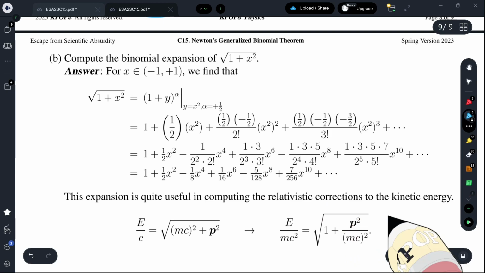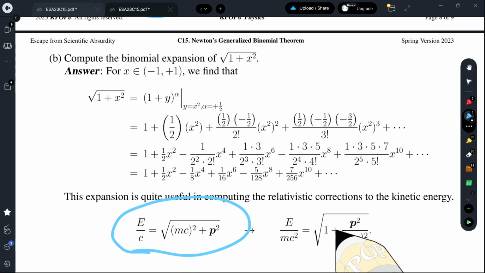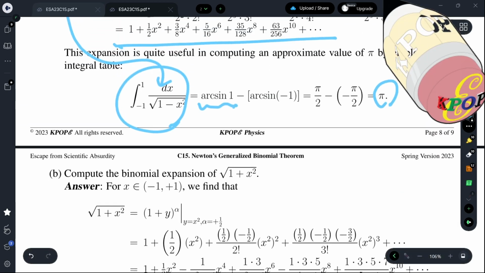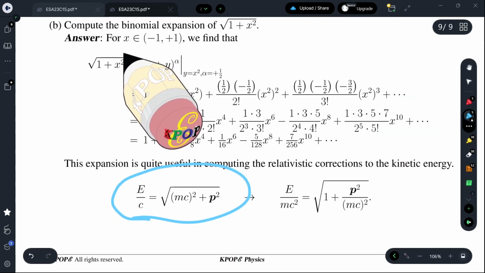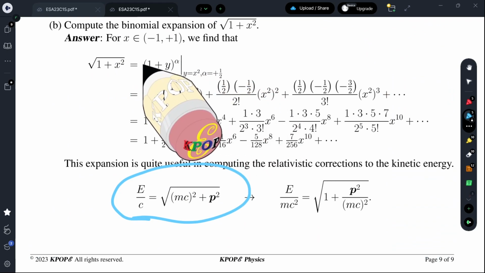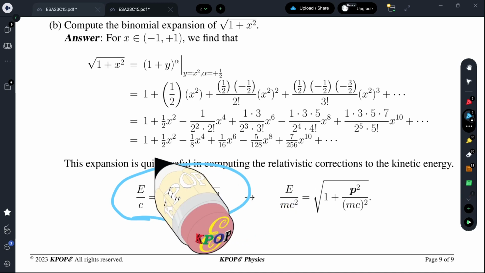And the expression can also be applied to evaluate the relativistic energy of a massive particle. And again, the trivial substitution of power. This power in here is 1 half, and x squared is y. So we arrive at this point.